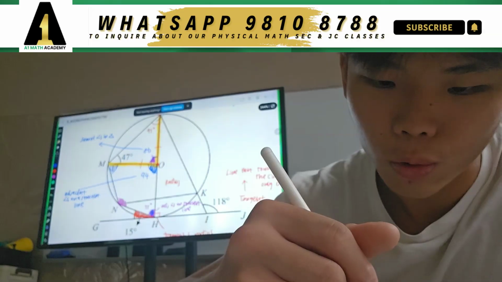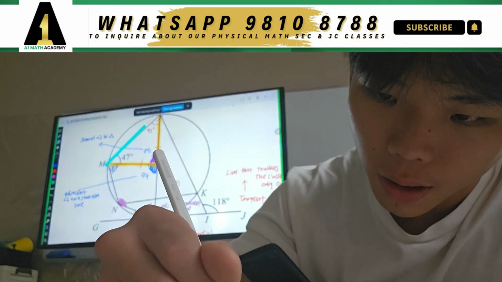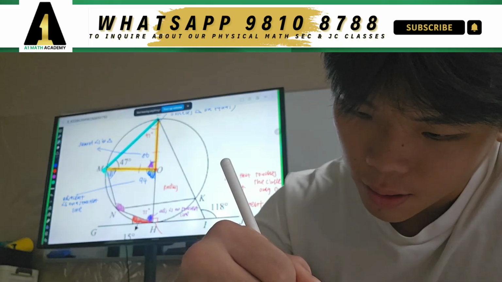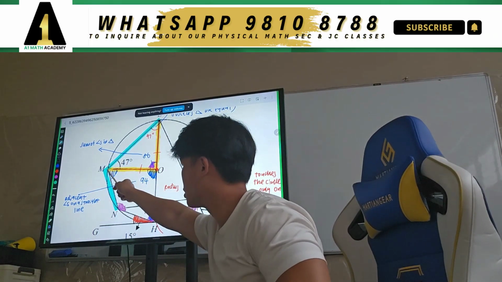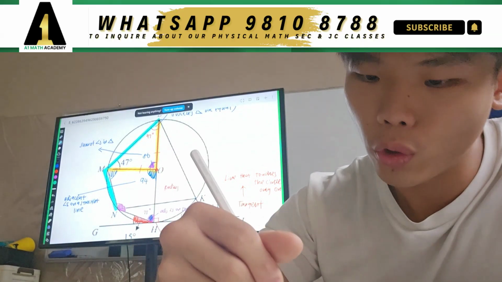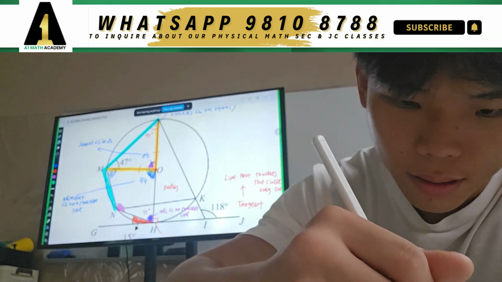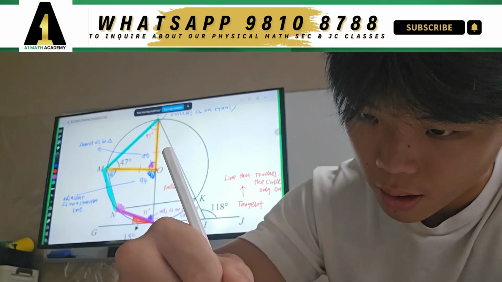Okay, now you take a step back and look at this. Do you see this whole angle over here? It touches the circumference like that, touches here and touches here. Do you also see that it also touches here and touches here?